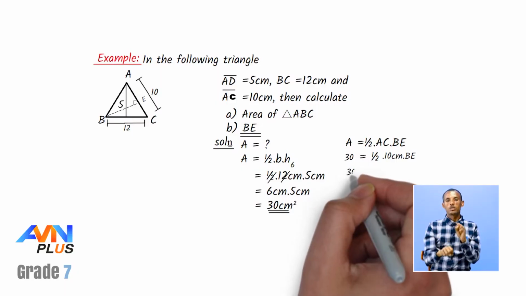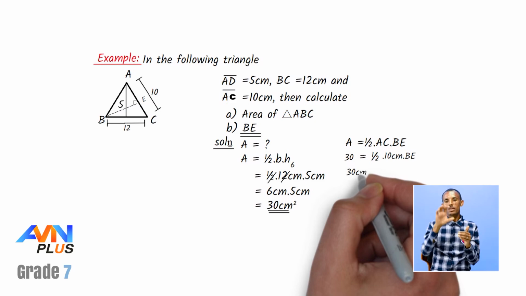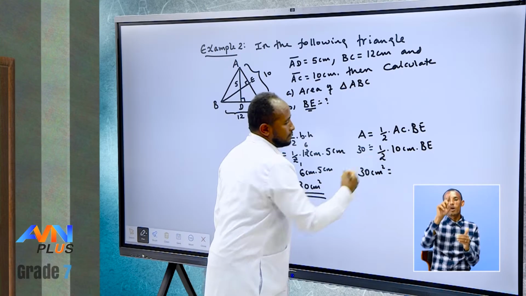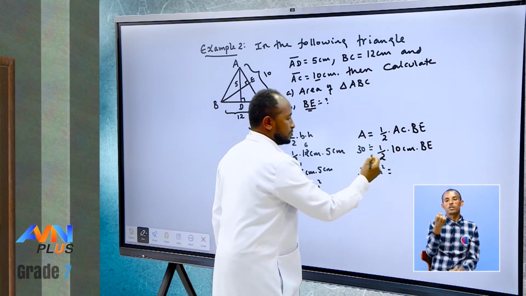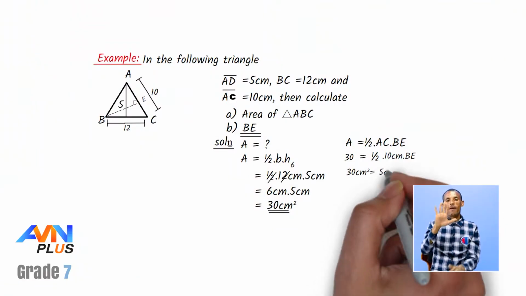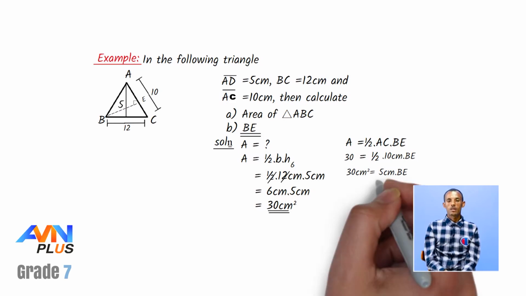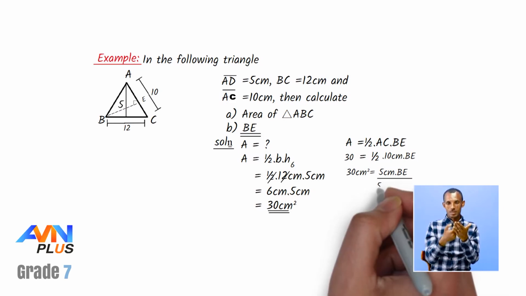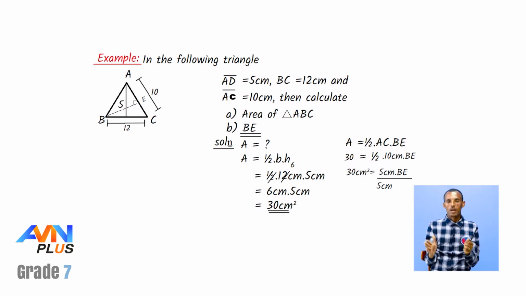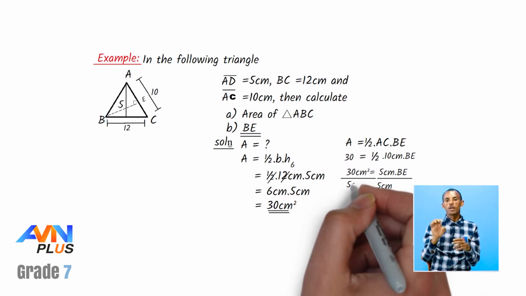So 30 centimeters square is equal to, just divide this by 2, 10 over 2 is 5, 5 centimeter times BE. To calculate BE, divide both sides by 5 centimeter. This cancels out.